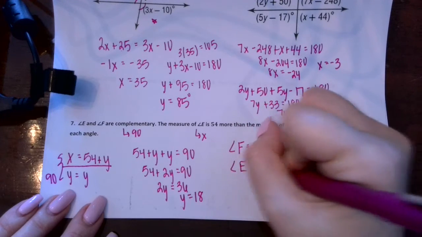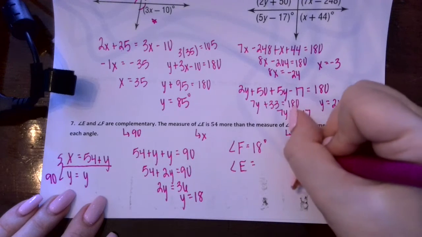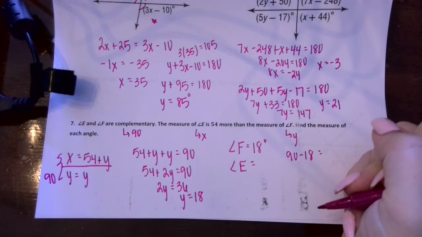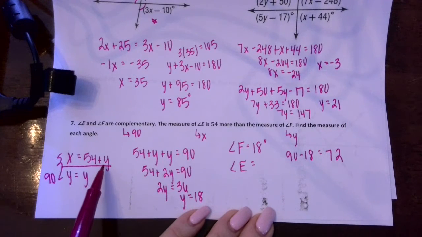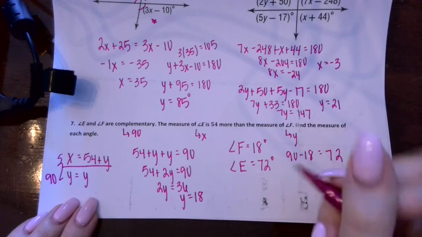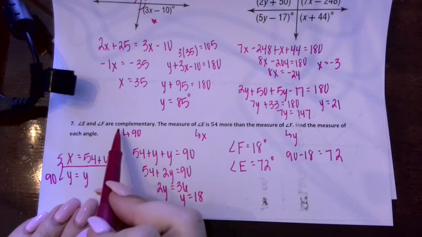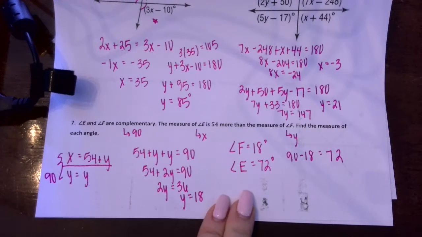If my two angles together have to be 90, I can take 90 minus the 18, and that's going to get me my other angle. I would get the same answer if I plugged the 18 in here and did 54 plus 18. So angle E is going to be 72. One other thing you want to check is make sure that these equal the 90 degrees that we said in the directions. So again, just pausing.